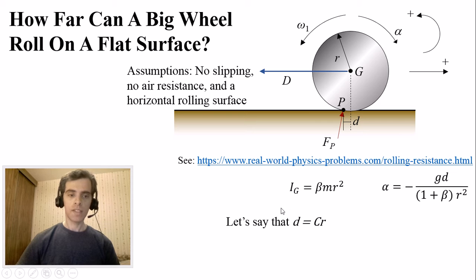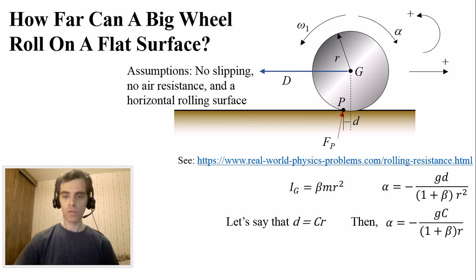When I just say D, that means the rolling distance, which is the capital D. So small d is equal to c times r, where c is the coefficient of rolling resistance and r is the radius of the wheel. So if the radius of the wheel increases or decreases, the constant c stays the same. And once again, c is the coefficient of rolling resistance.